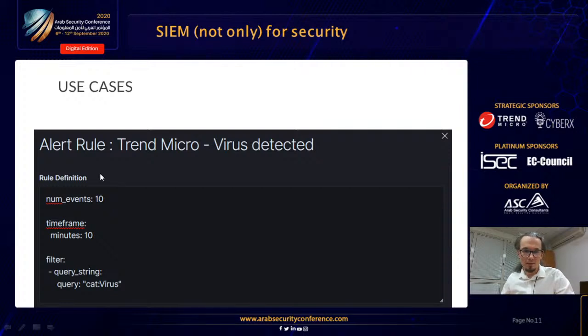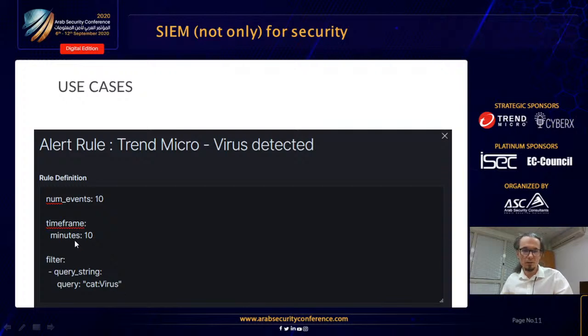Okay, regarding the alerting rule, here we can see Trend Micro virus detected. This is a simple rule where we can search for a simple string. We have a field of category and the value of virus.